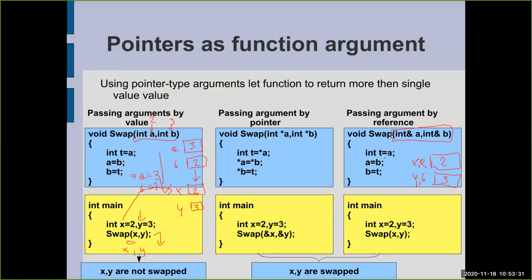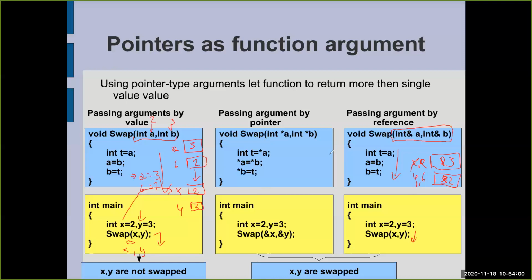But when you perform this code, y will be 2 and x will be 3. So in this case, this function affects the values of x and y. Okay? Because a is the same as x, b is the same as y.